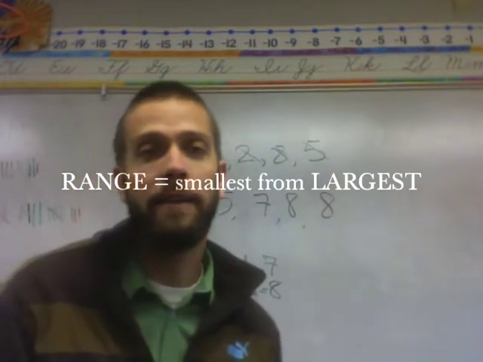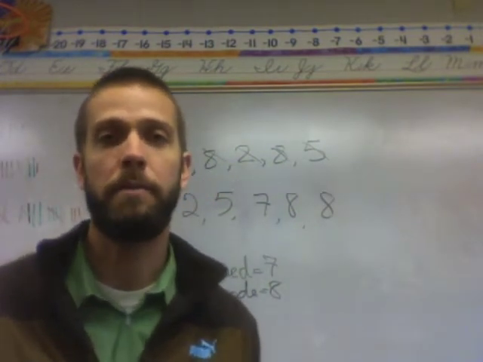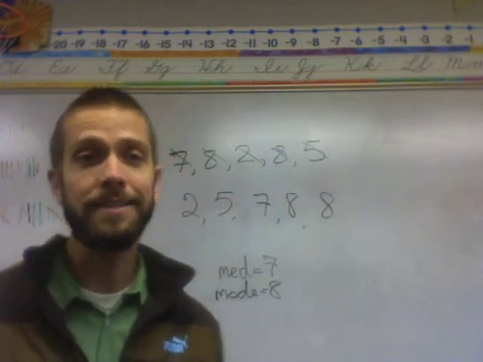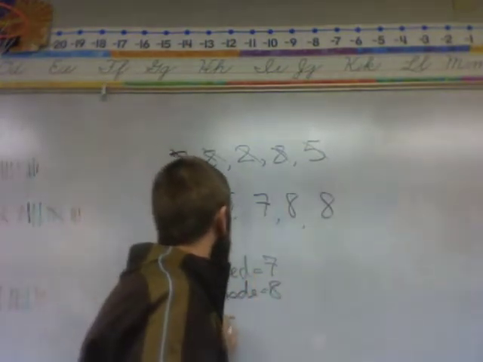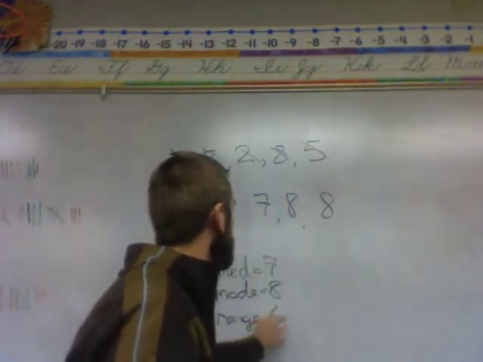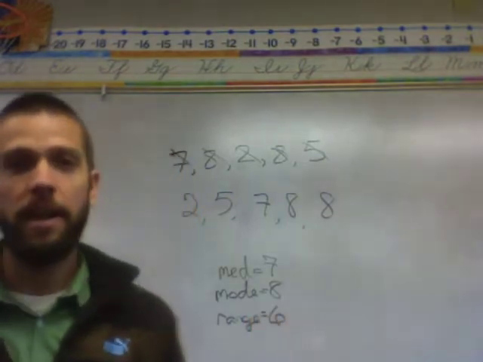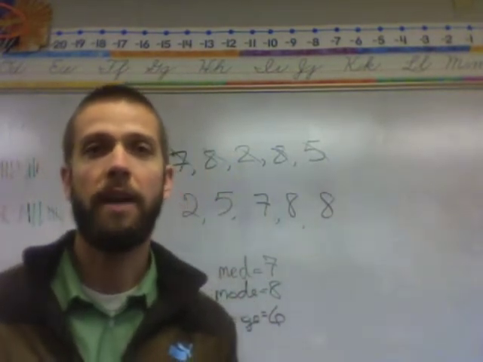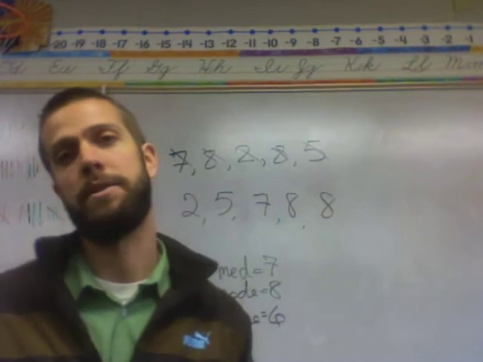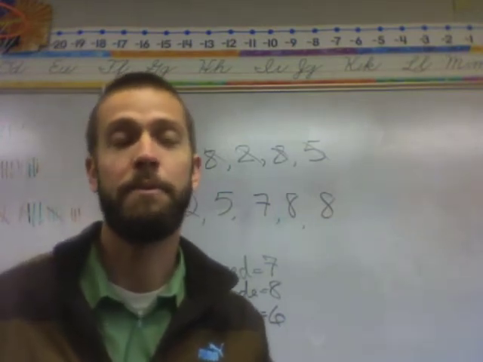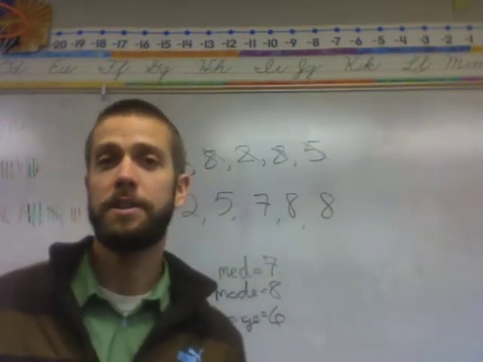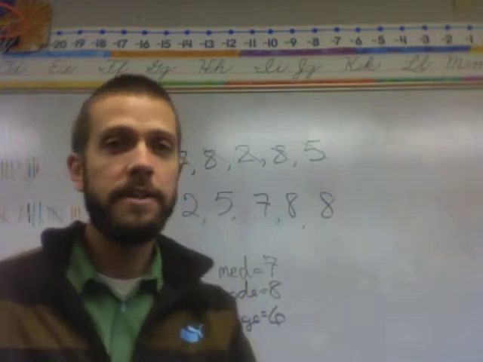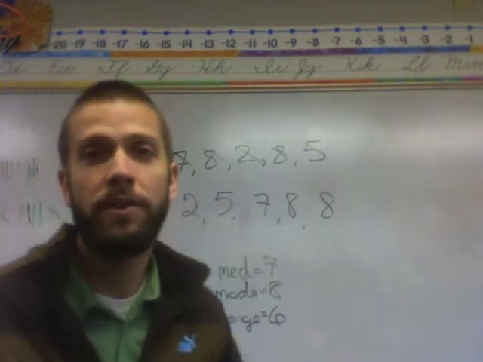And you subtract them to find how far apart 2 is from 8. 8 minus 2 is 6, so the range is 6. Once again, range, all you do is subtract the highest number from the lowest number. That's all you do, or the lowest number from the highest number. Okay, just subtract.